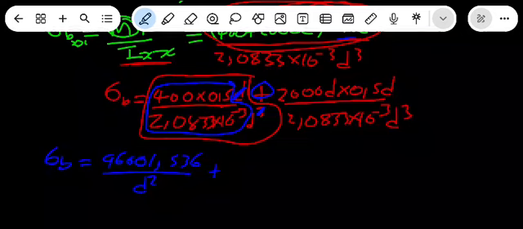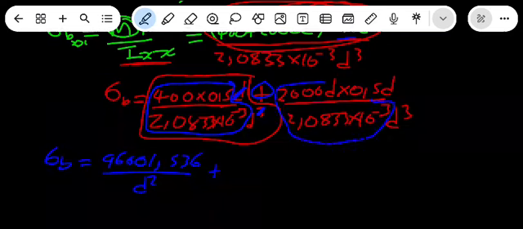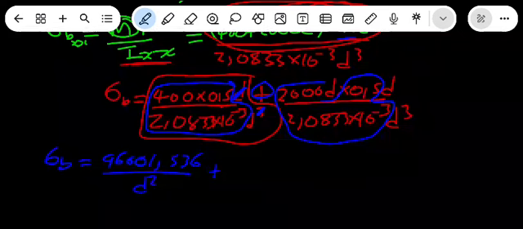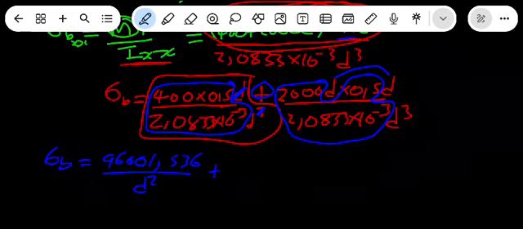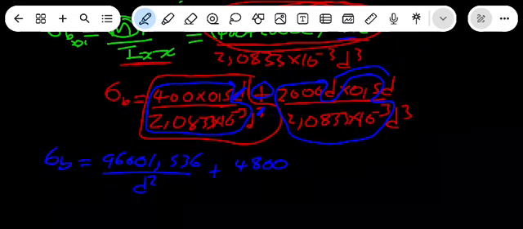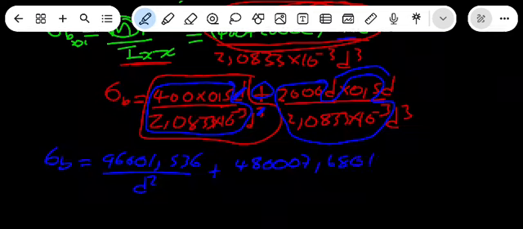Again, we can punch these numbers, as you can see, like that. Then you can multiply these two, which will be d squared there. So punching that, we'll obtain 48007.6801 d cubed, isn't it?